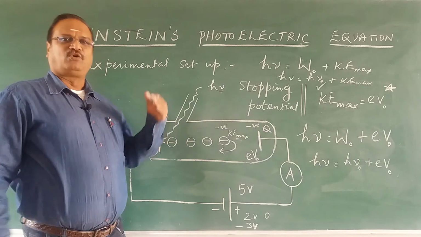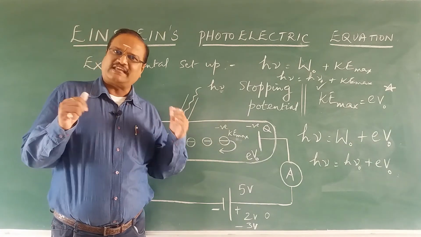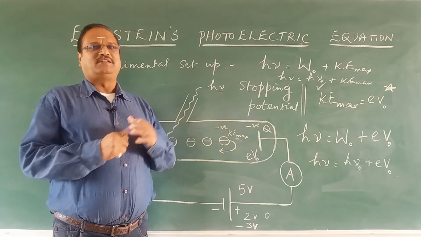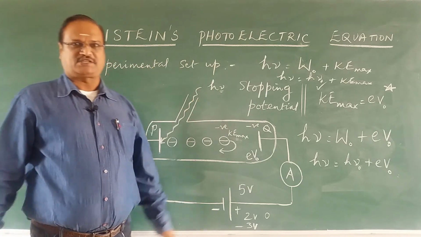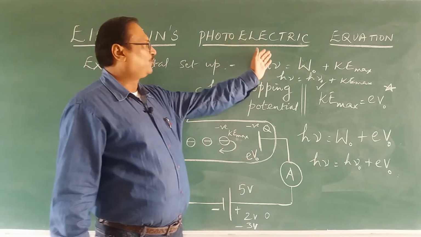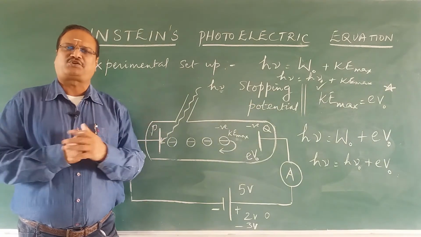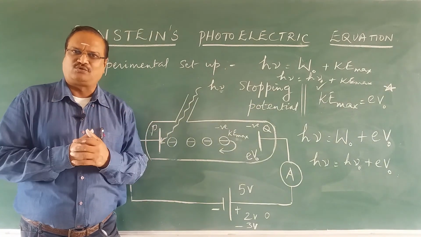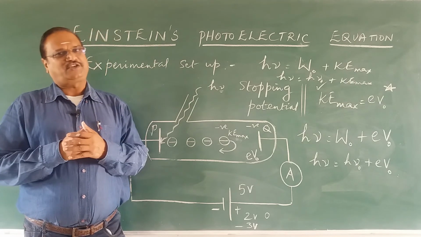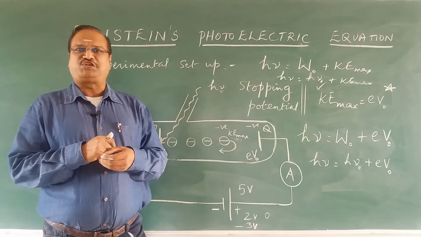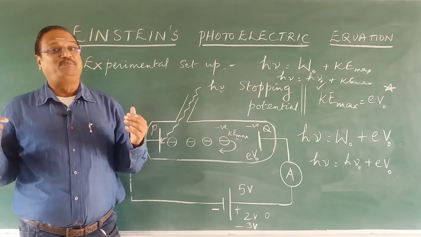We can make more equations from this, and in the next video we will do a graphical representation using the photoelectric equation of Einstein. This is a very interesting concept, and as I said in the previous video, Albert Einstein, the great genius, was awarded the Nobel Prize for it.